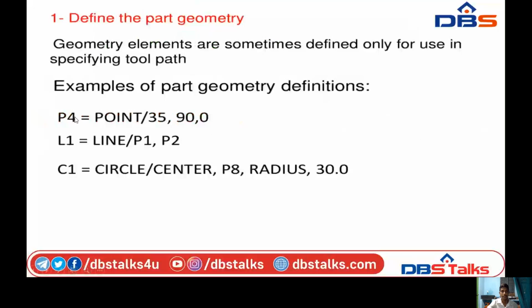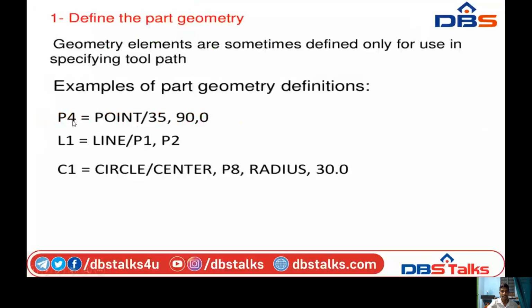First of all, I am showing P4, L1, C1. P4 is nothing but point 4, equal to point divided by 35, 90, 0. We are taking a classification here. I am showing P4 is a point.